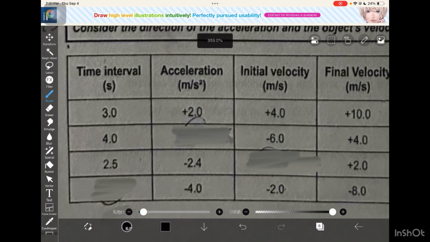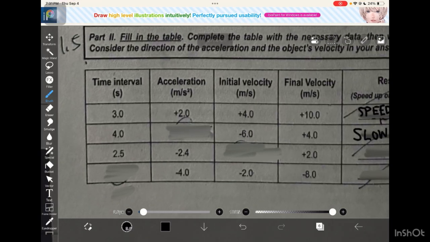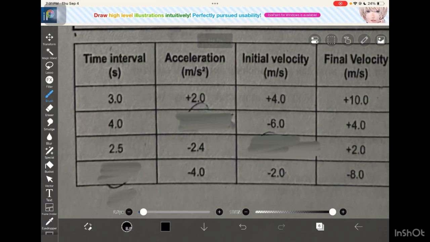Next, acceleration. We're given all but the acceleration. First, we want to plug in the final velocity minus initial velocity. So we put in our final velocity 4.0 minus, in parentheses, negative 6.0 in our calculator.